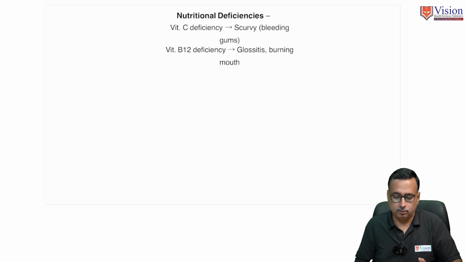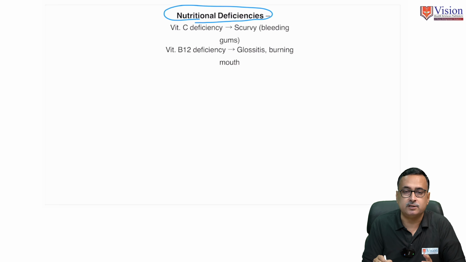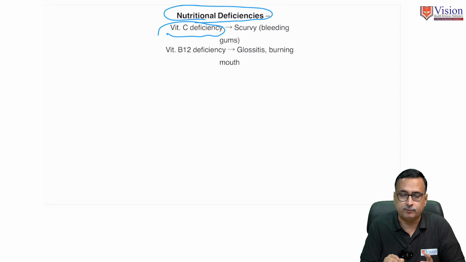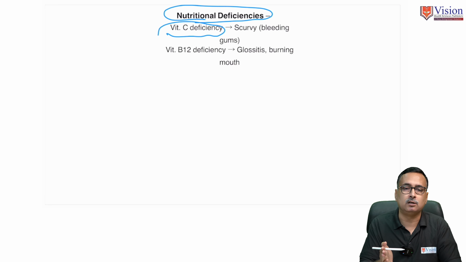Another two disorders in the oral cavity which affect the oral epithelium are due to nutritional deficiency in a person. One is deficiency of vitamin C. All of you are well aware. When deficiency of vitamin C manifests in the oral cavity, it certainly involves the health of the gingiva.